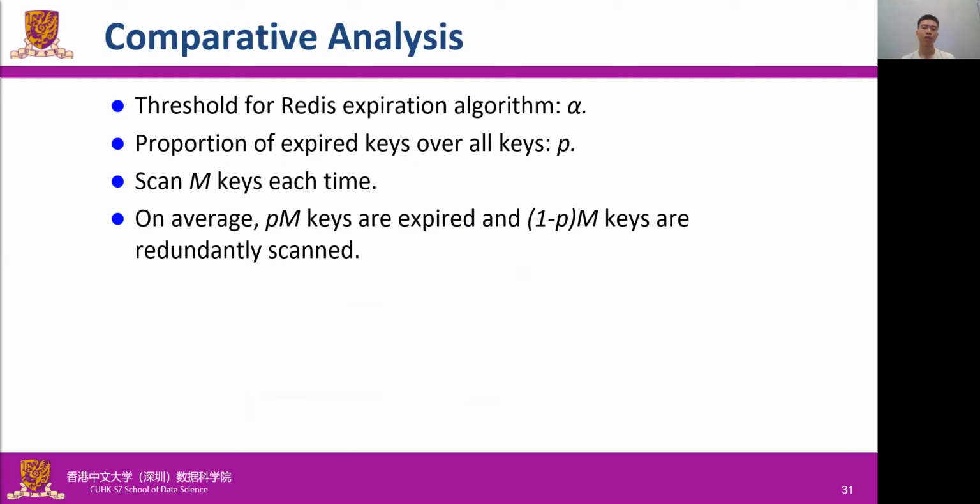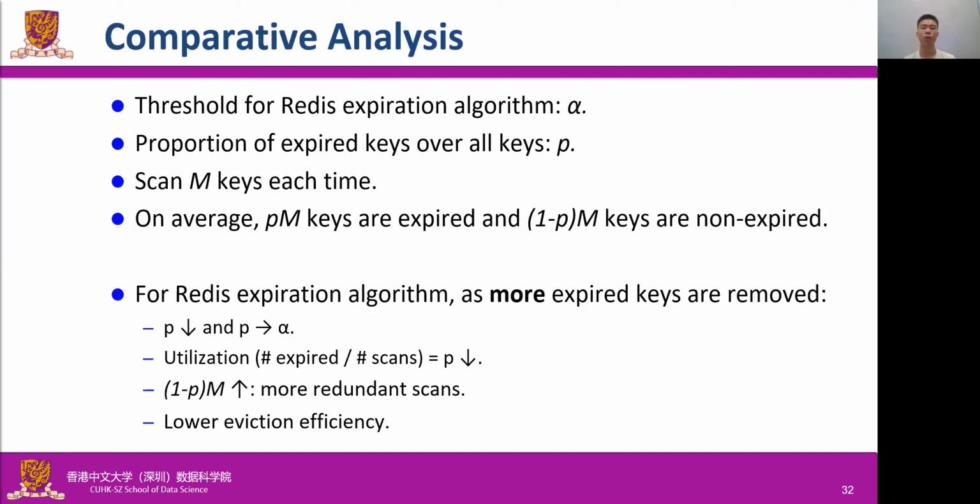We will briefly have a comparative analysis here. Suppose the threshold for Redis expiration is alpha, and the proportion of expired keys over all keys is P. We scan M keys each time, then on average, P times M keys are expired, and (1 minus P) times M keys are redundantly scanned.